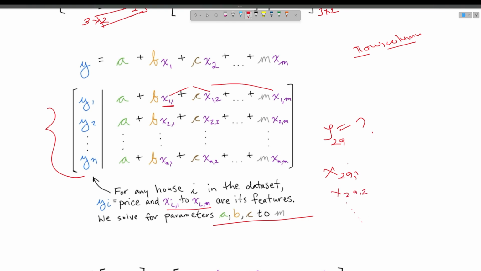There are lots of features, and basically they have some values, like distance from this, distance from that, up to x 29,m. So basically the goal is, when we solve this matrix, we get these constant values a, b, c, and m. So now we can easily use this equation: a plus b multiplied by x 29,1, and then it goes on. This is the process.